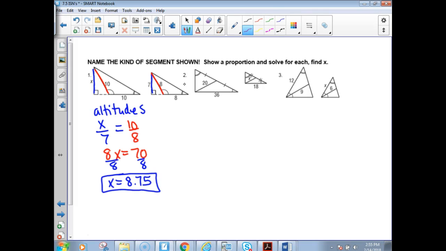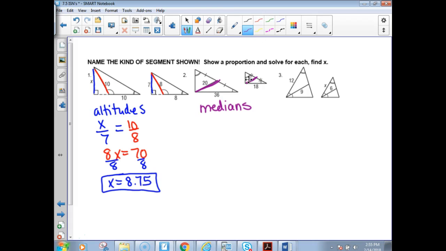That's how we're going to use the altitude property. All right, the second one. What are these things where the 20 is and the x? Well, they cut those sides in two, so those are medians. They go to a midpoint.